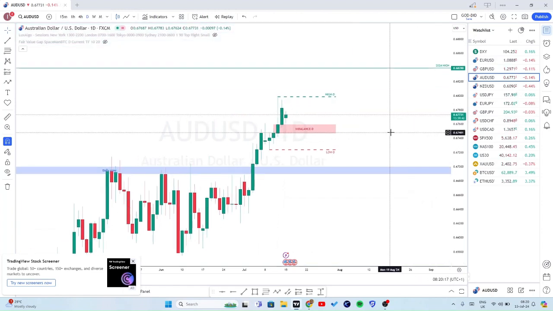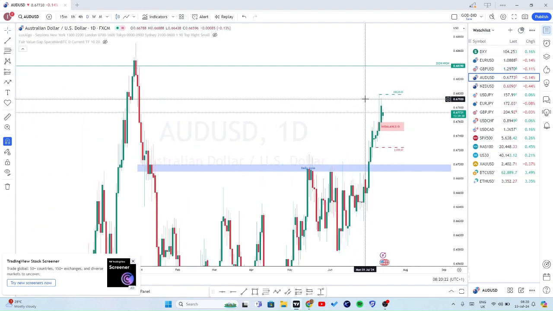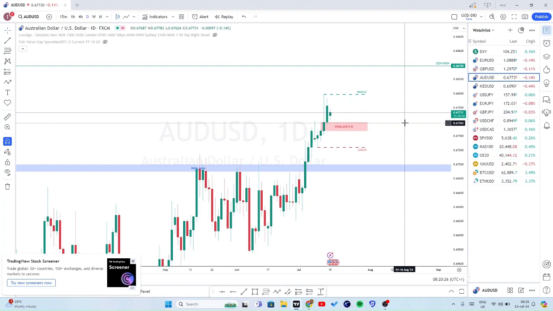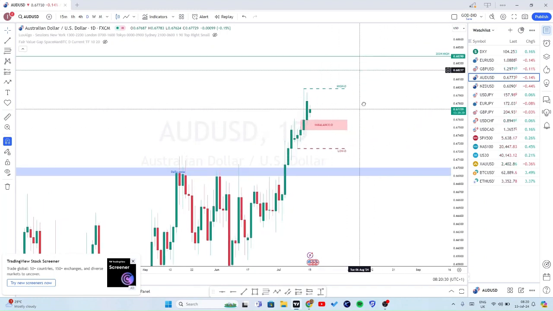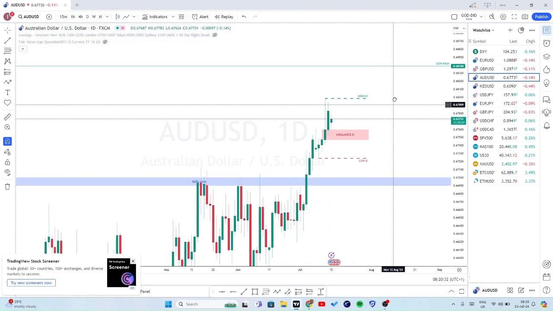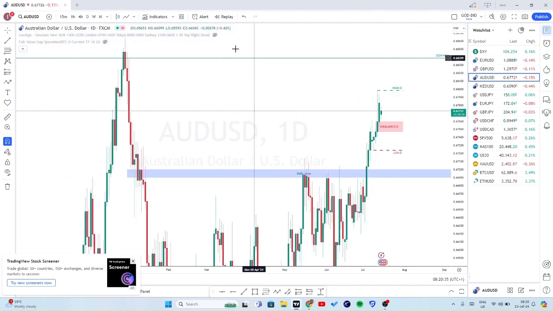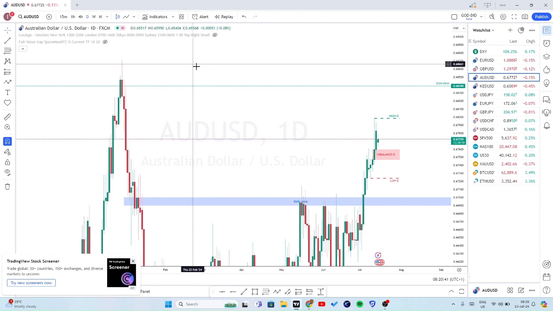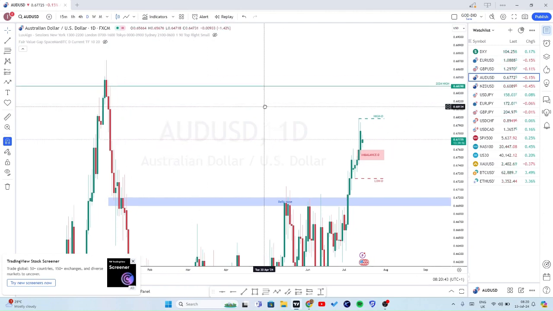And for the Aussie USD, I'm not going to be trading this lower for now. I'm looking for long trades because this price is far away from any resistance, except if we count this high as a resistance for price.